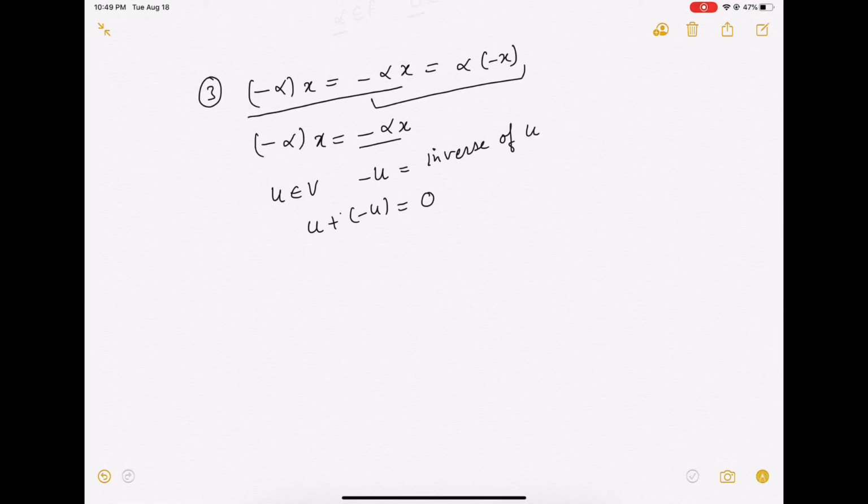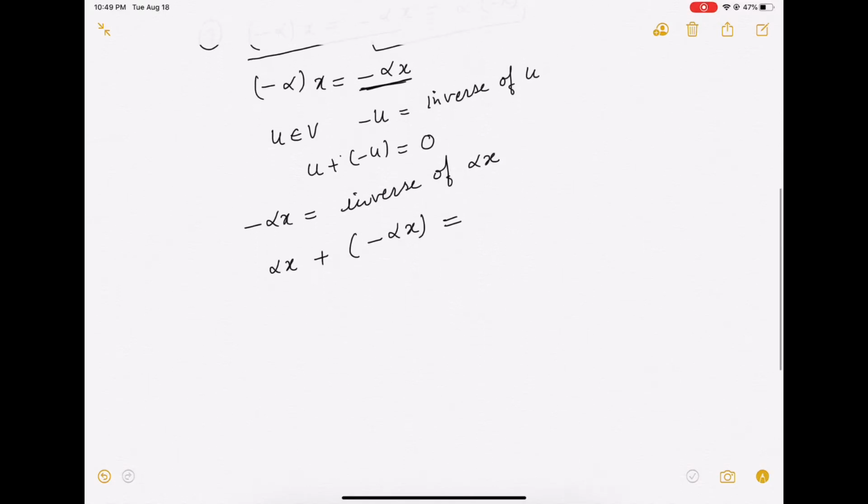Here minus alpha x means the inverse of alpha x. So inverse of alpha x is minus alpha x. So when we add alpha x plus its inverse, minus alpha x, then if we get 0, it means minus alpha x is inverse of alpha x.